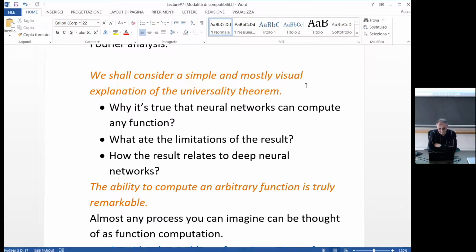I can immediately anticipate that, as to why it is true that a neural network can compute, we shall construct the solution in an analogous way as Newton and Leibniz constructed the definite integral mathematical formulas.